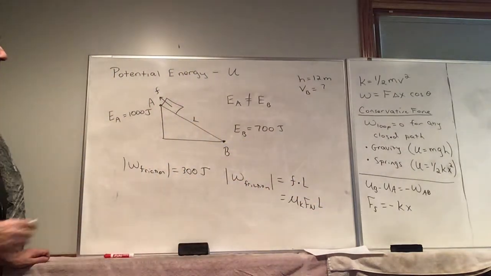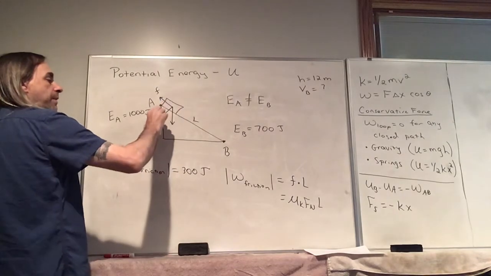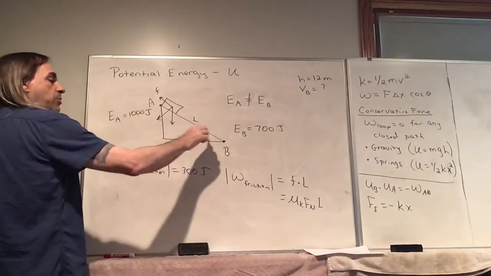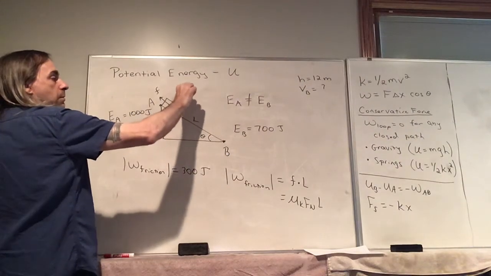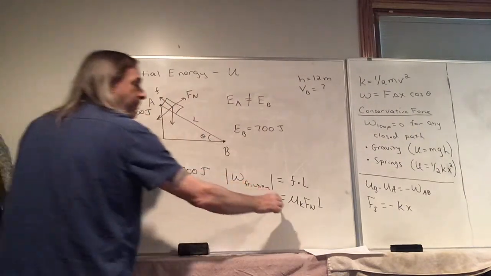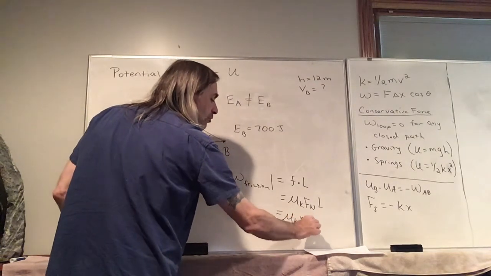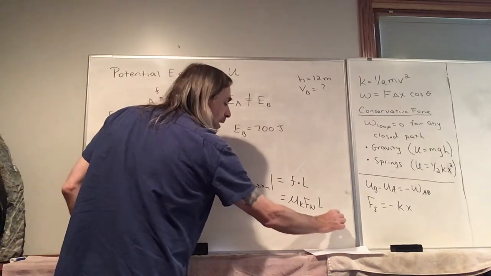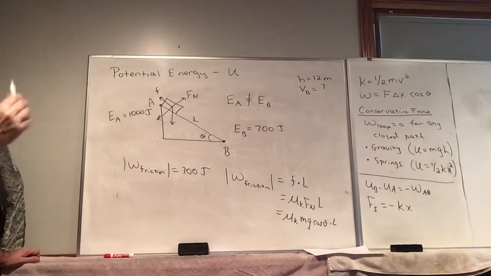And then we have to find the normal force. So remember, we have gravity downwards. This component would be mg cosine theta. And the normal force would have to balance that. So this would be mu_k mg cosine theta times L. And so this is something you can calculate.